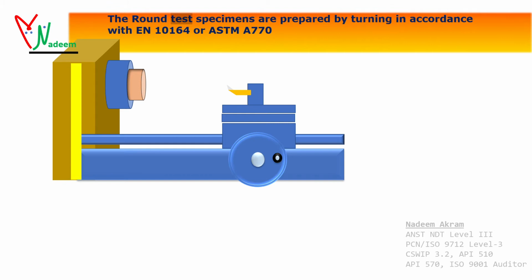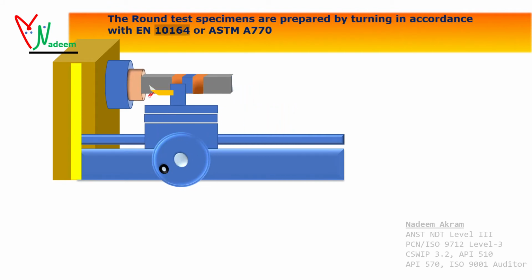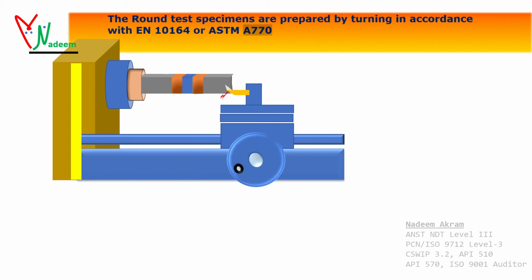The round test specimens are prepared by turning in accordance with EN 10164 or ASTM A770.